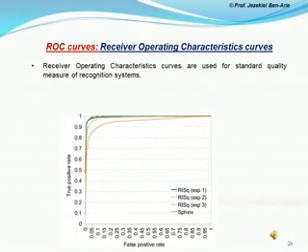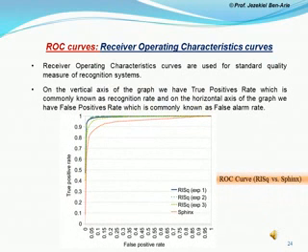On the vertical axis of the graph, we have true positives rate, which is commonly known as recognition rate, and on the horizontal axis of the graph, we have false positive rate, which is commonly known as false alarm rate. The area below the ROC curve measures the quality of the recognizer. Higher area indicates higher quality.